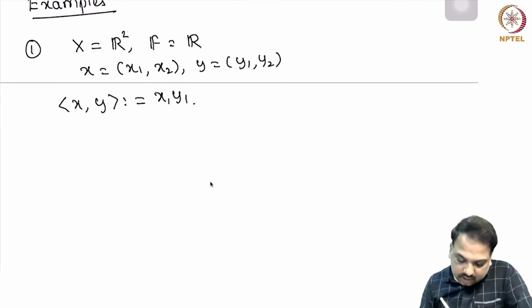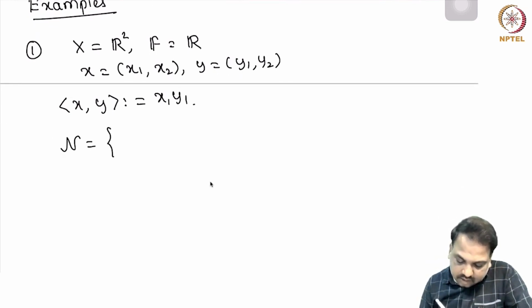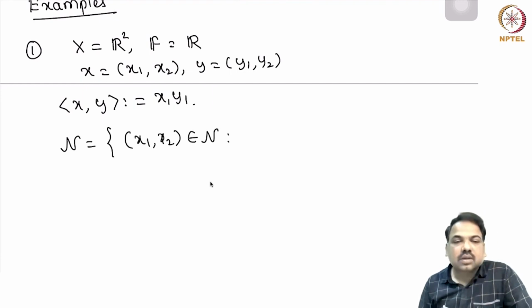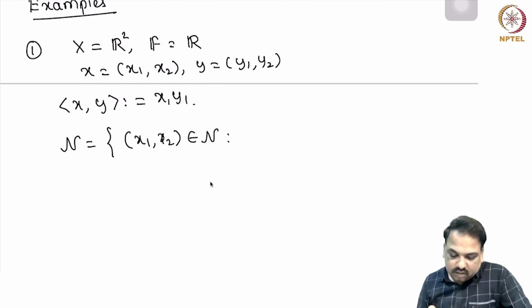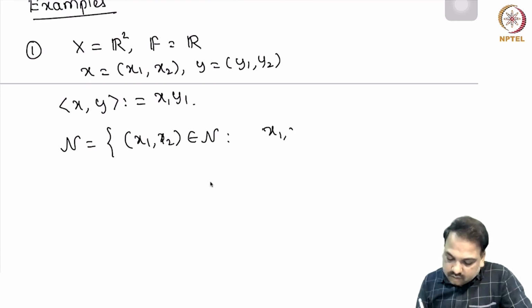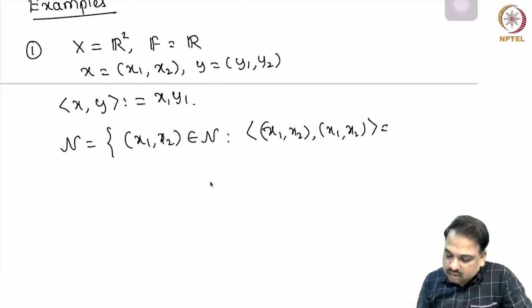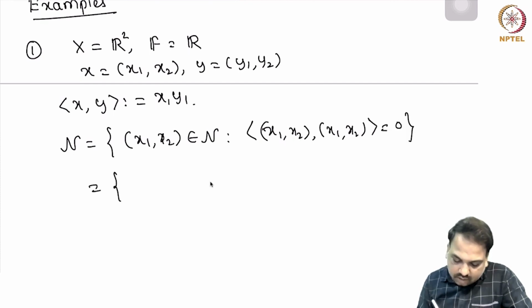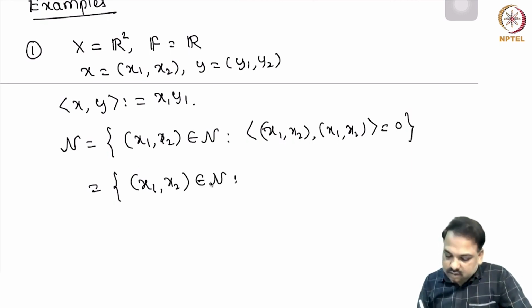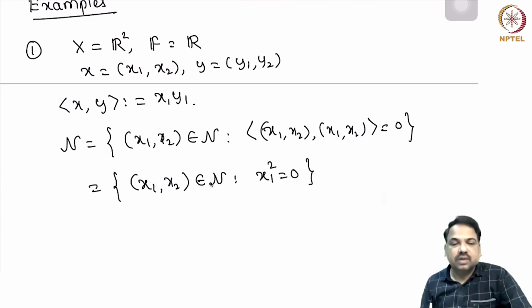Now in this case, if you look at script N, that is the set of all (x1, x2) coming from X such that the semi-inner product of (x1, x2) with itself is 0. So this is nothing but the set of all (x1, x2) in X such that x1 square is 0, so that is nothing but x1 is 0.